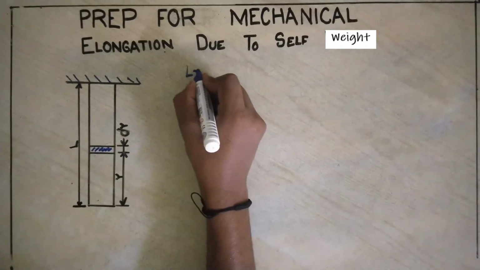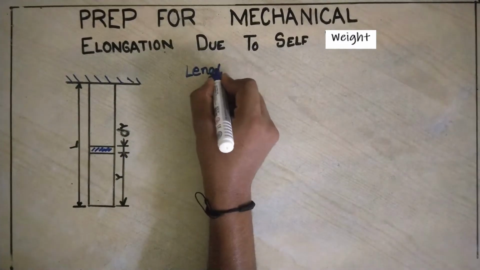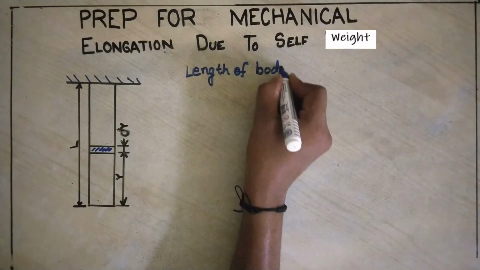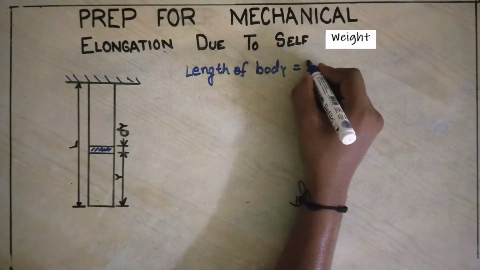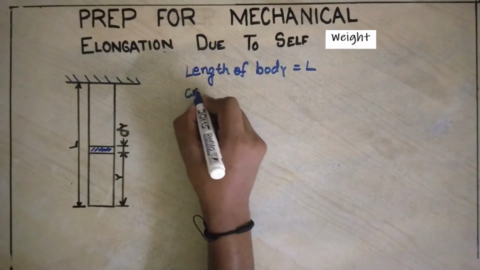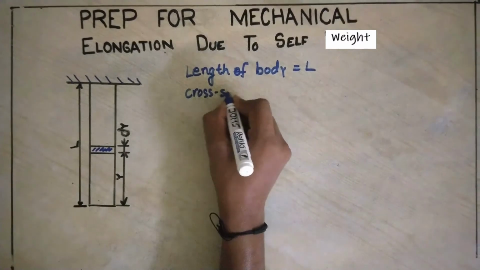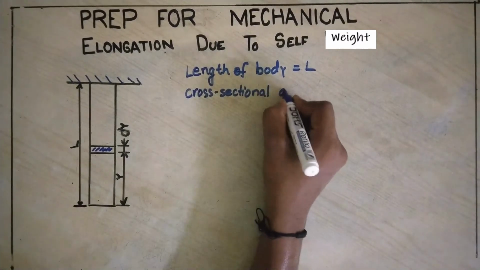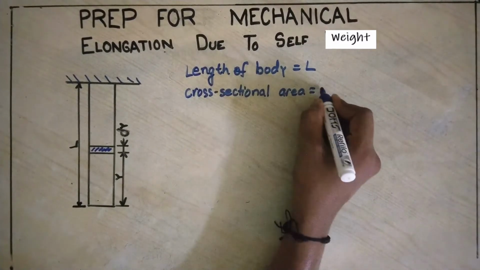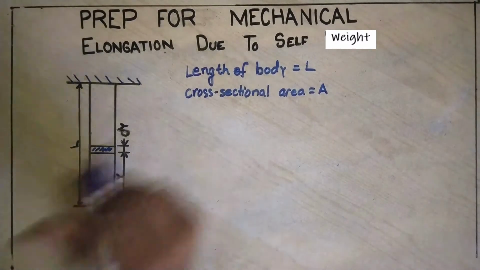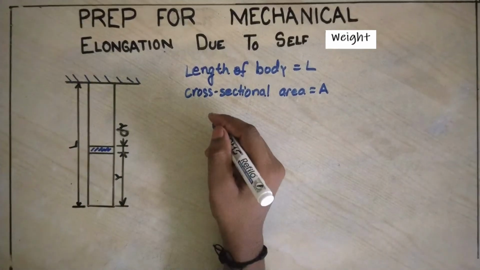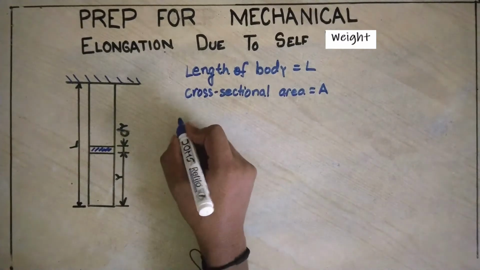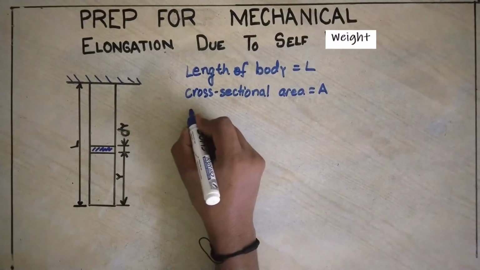So length of the body is equal to L, cross-sectional area is equal to A, and the weight per unit volume of the body is W.